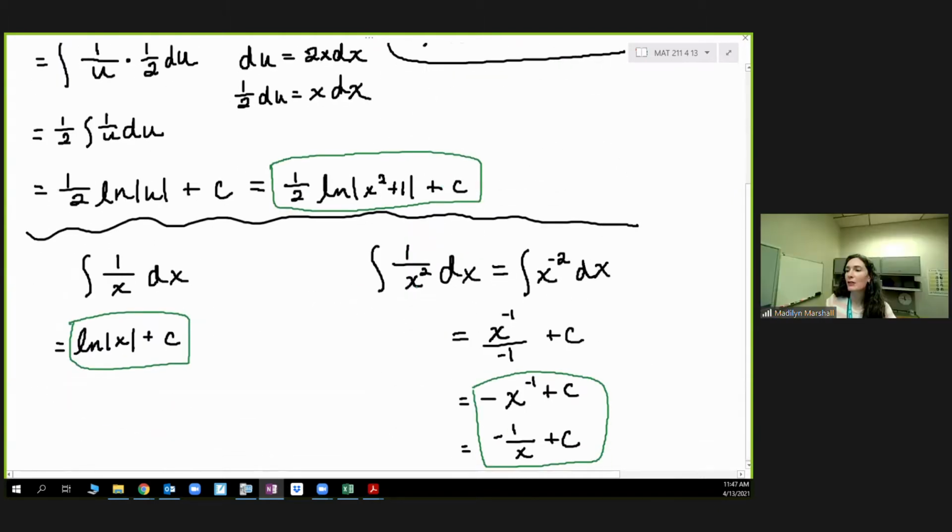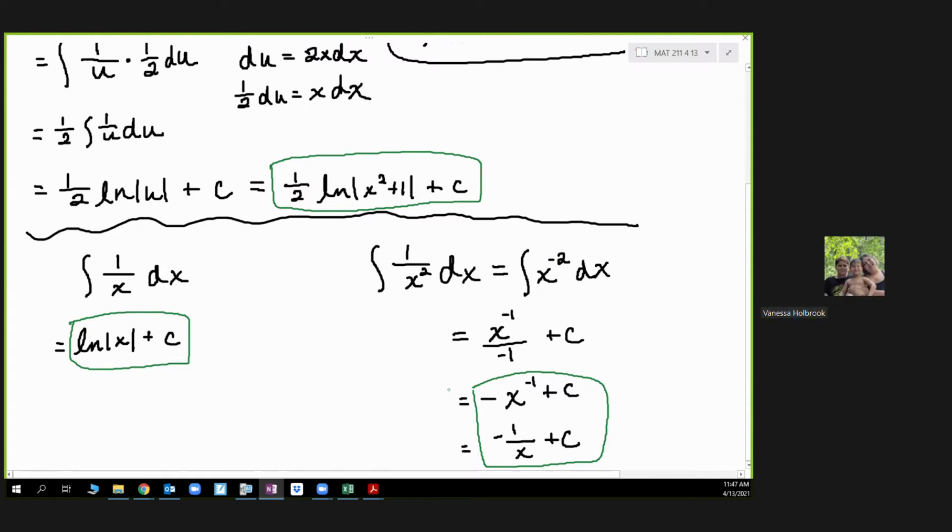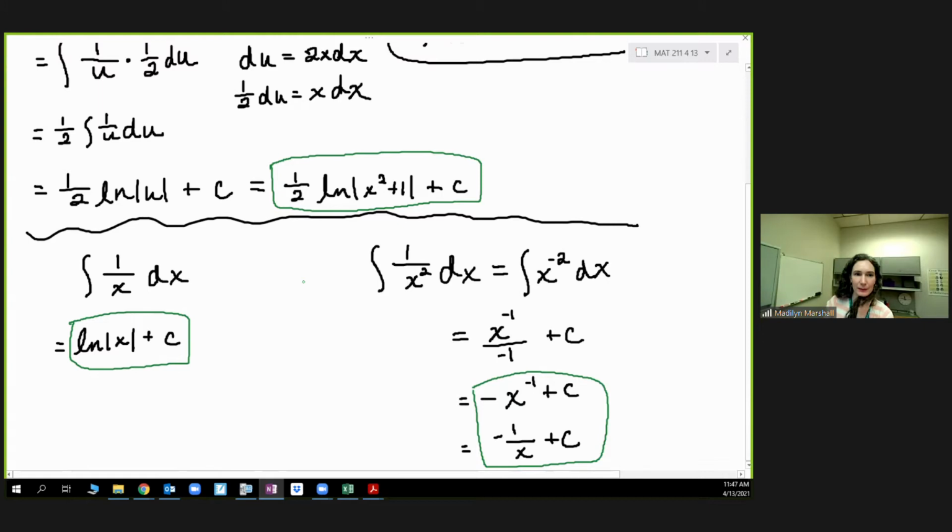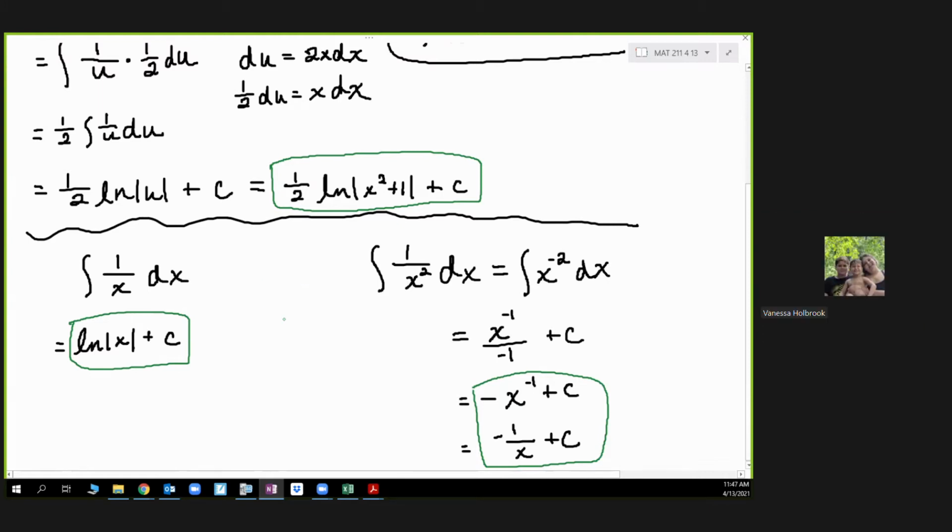Whereas if it's 1 over x or whatever to a power, then we can change it to the power rule. Oh, I was talking about square root with a negative half. Yes, which might come up.